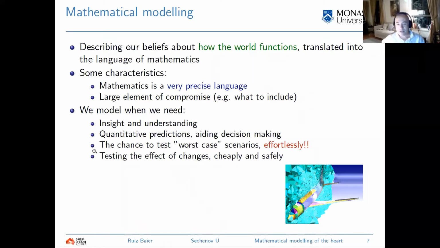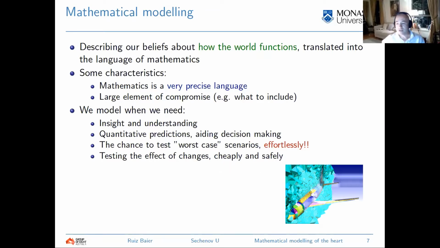And something that is very useful in mathematical models is that they are very cheap, because you can test all the situations that you want very fast, with a large variety of models. So you can test the effects of changes safely and cheaply.